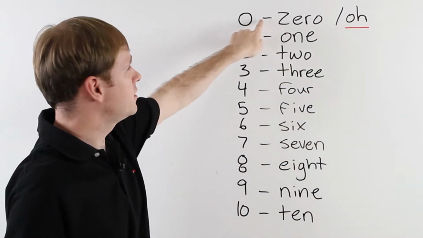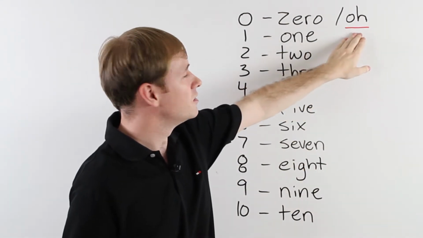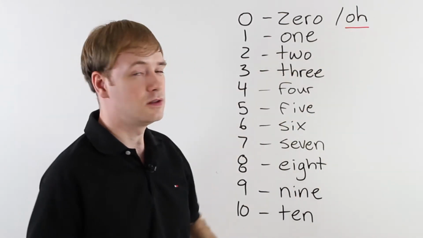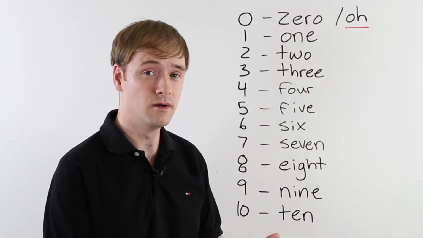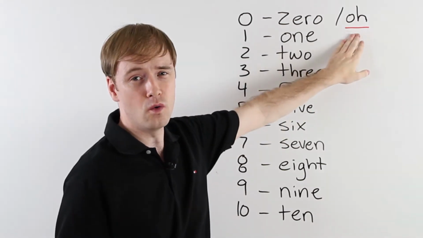The first one here, 0. And if you notice next to 0, it has another name, O. Now, a lot of native speakers say 0, but more native speakers will just say O, okay?